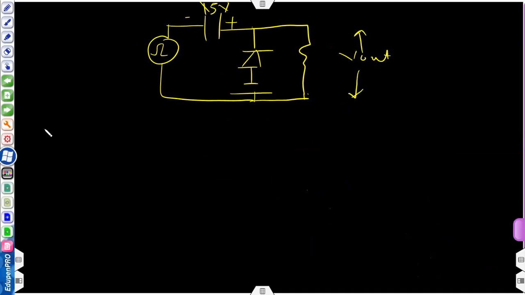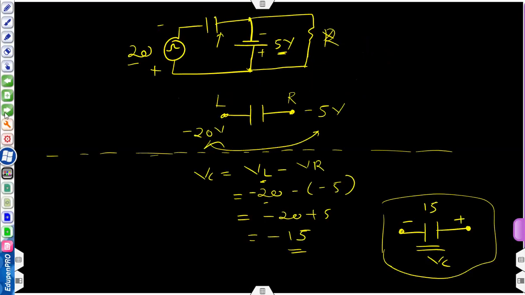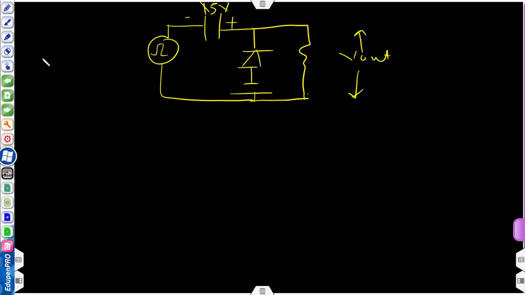Okay, so now you will start your analysis like we used to do. So this is the given input signal, this is V in with plus 20 volt and minus 20 volt in the positive and negative direction respectively.